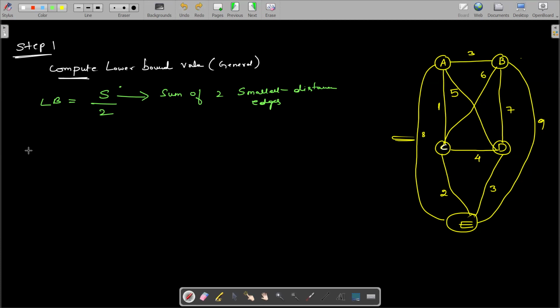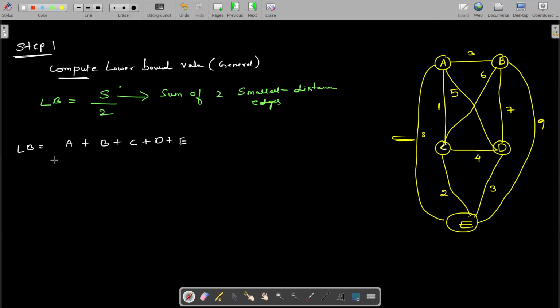Fine. Now we have to identify the lower bound. Let's say for A we have to identify the lower bound. So the lower bound is equal to A plus B plus C plus D plus E. These are the values we have to identify first.